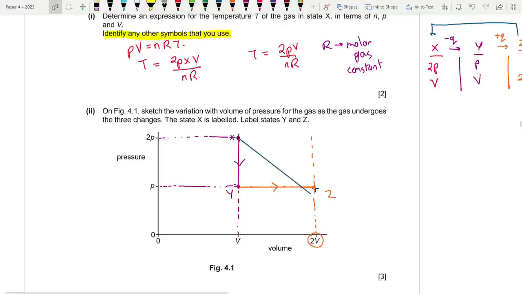Sometimes it's just so hard to draw. Okay, so we return from Z to X ultimately. This is too long. I need to reduce the length. There you go. Okay, so this is it.